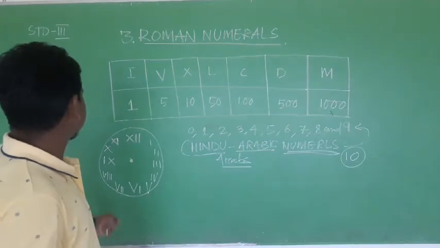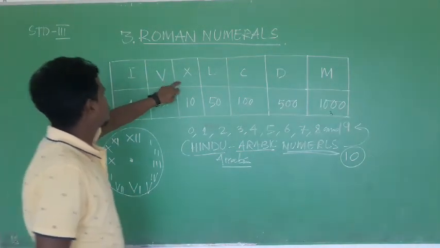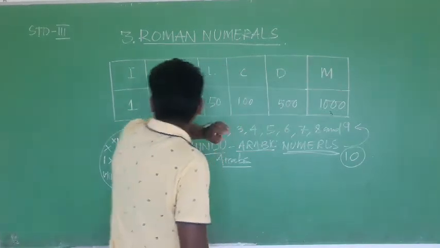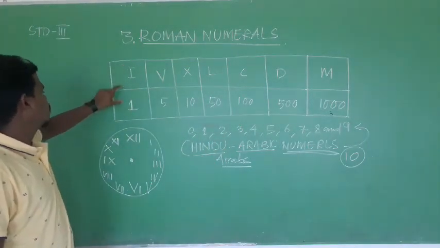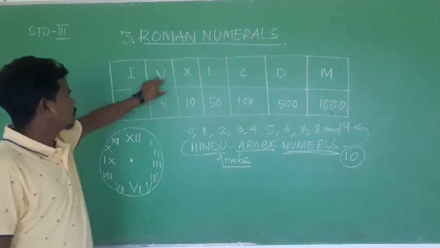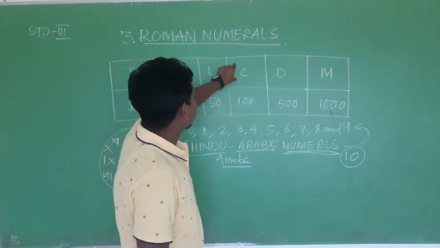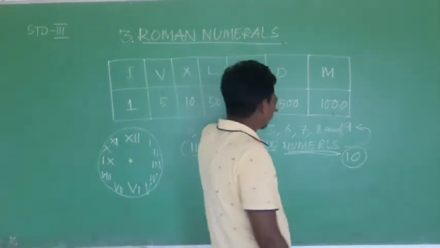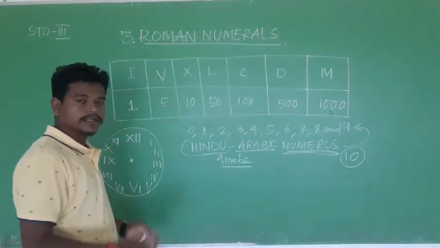So they used only 7 symbols: I is pronounced as 1, V as 5, X as 10, L as 50, C as 100, D as 500, and M as 1000. Okay, M as 1000.